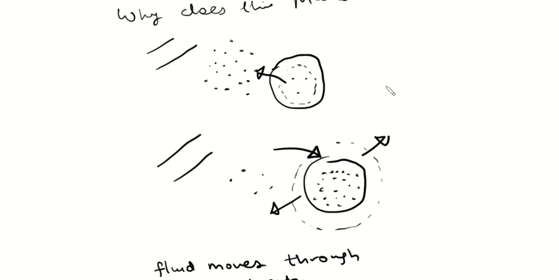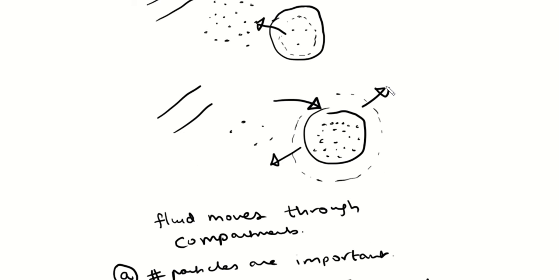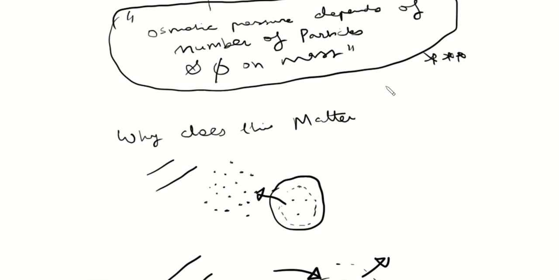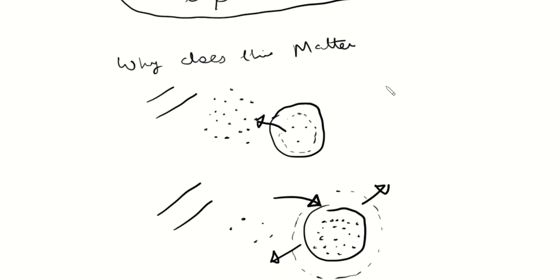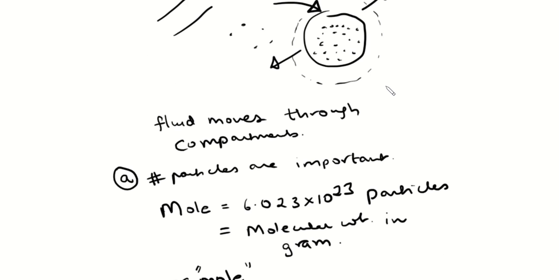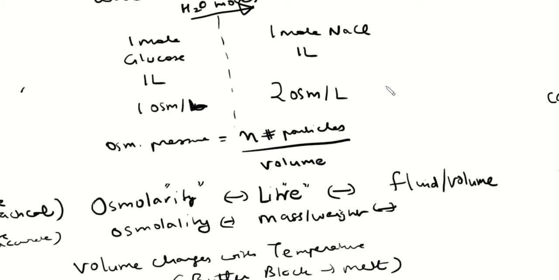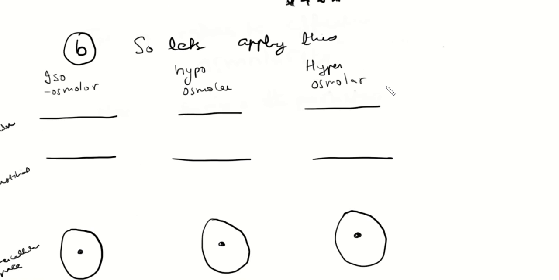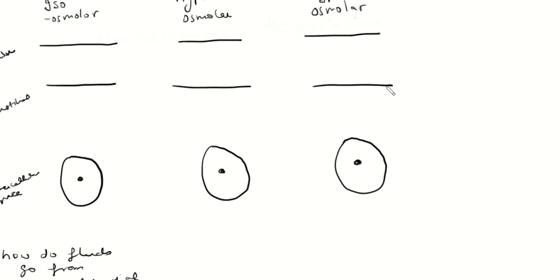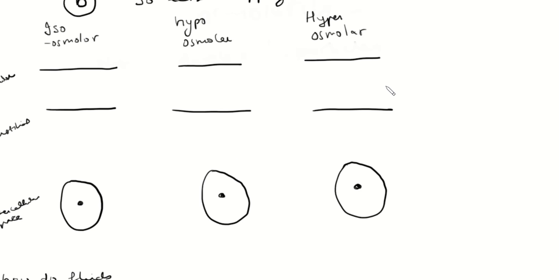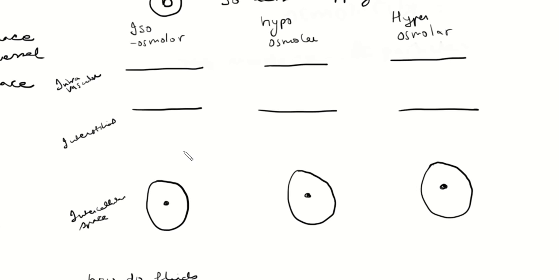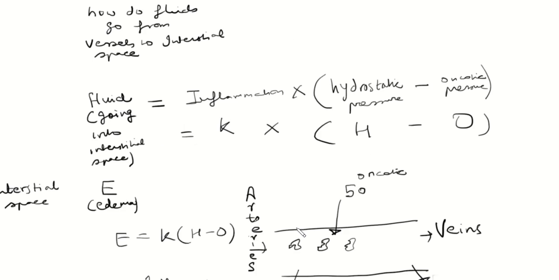And then we looked at how the fluid moved in and out of cells depending on the number of particles in the area surrounding the cells, which would be the interstitium. Then we talked about what happens when the osmolarity changes and how the fluid moves from the intravascular space to the interstitial space, and how there are shifts of fluid between the interstitial space and the intracellular space.